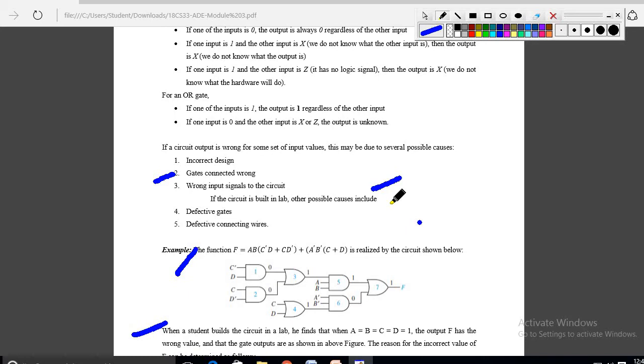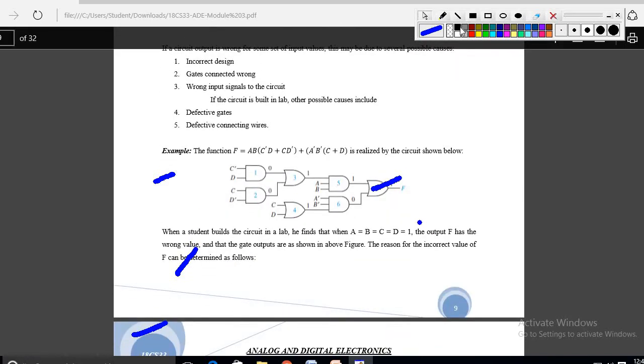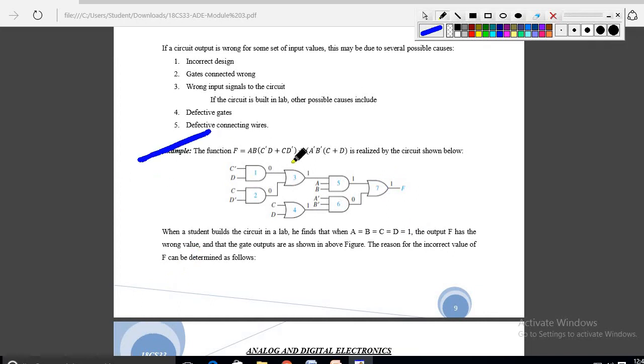So we have to see one example. See this example. We have to realize the function F of A, B, C, D equals AB C bar D plus C D bar as the circuit shown below. First we have to write the logic circuit for this particular expression. Here how many inputs are there?